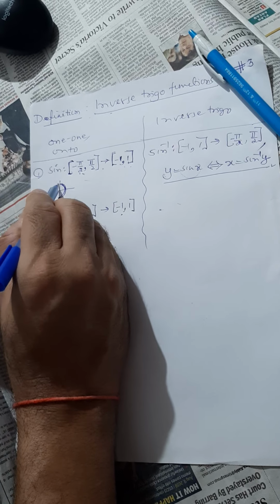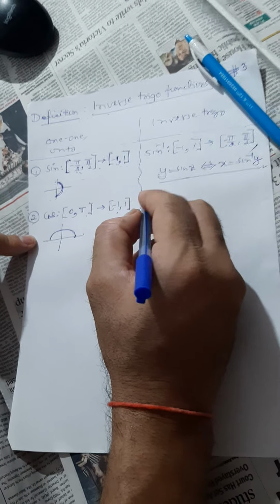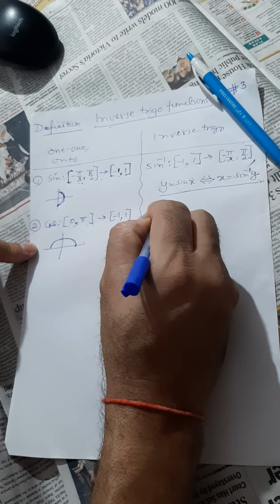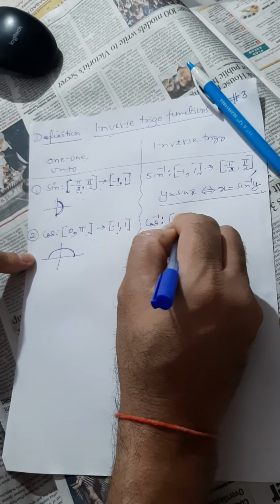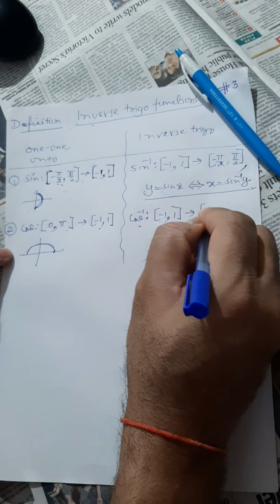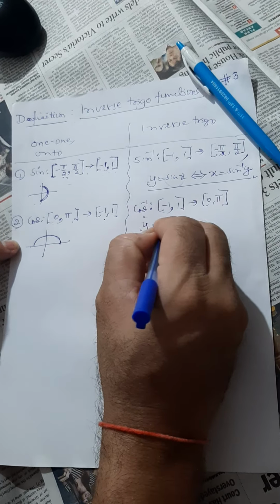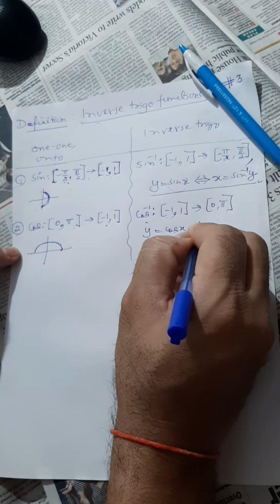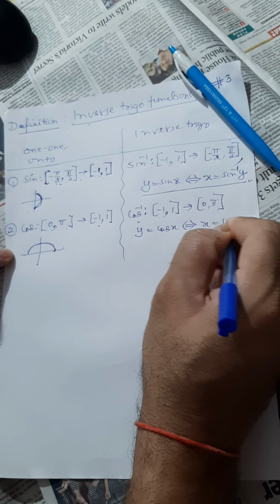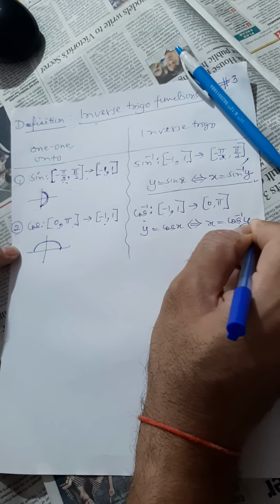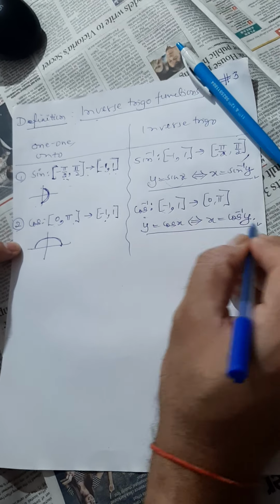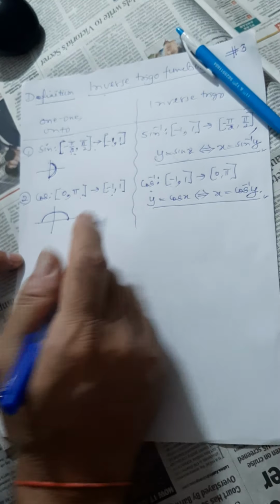So cos inverse will be a function from -1 to 1 to 0 to pi. And here the definition is y equals cos x if and only if x equals cos inverse y. This is the definition. The definition is the same for all inverse trigo functions.